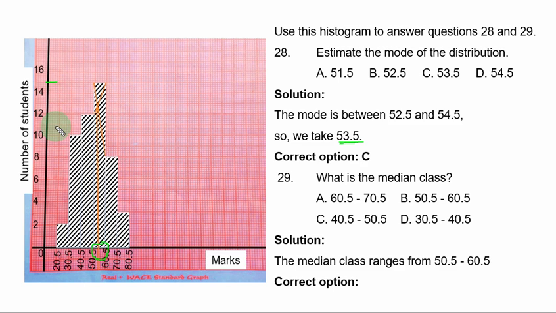You have 7.5 somewhere here, very close to 8, and the bar for 8 starts from 60.5, because we need 7.5 as the median class. You have to move from 60.5 backward, so we can say that the median class is between 50.5 to 60.5. Option B is the correct answer.